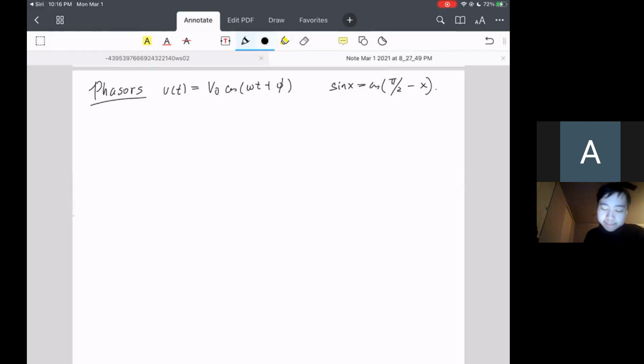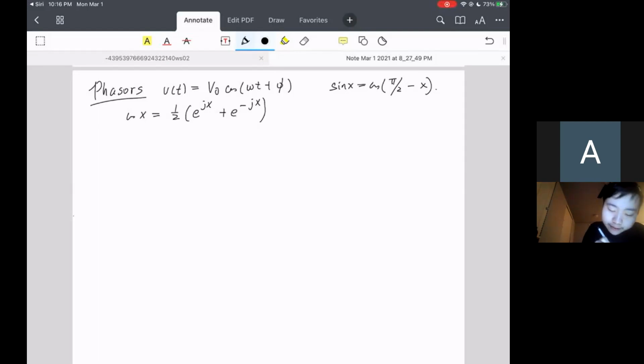From question 1 on the same worksheet, the last problem, part F, we know that cosine of x is equal to 1/2 times e to the jx plus e to the negative jx.